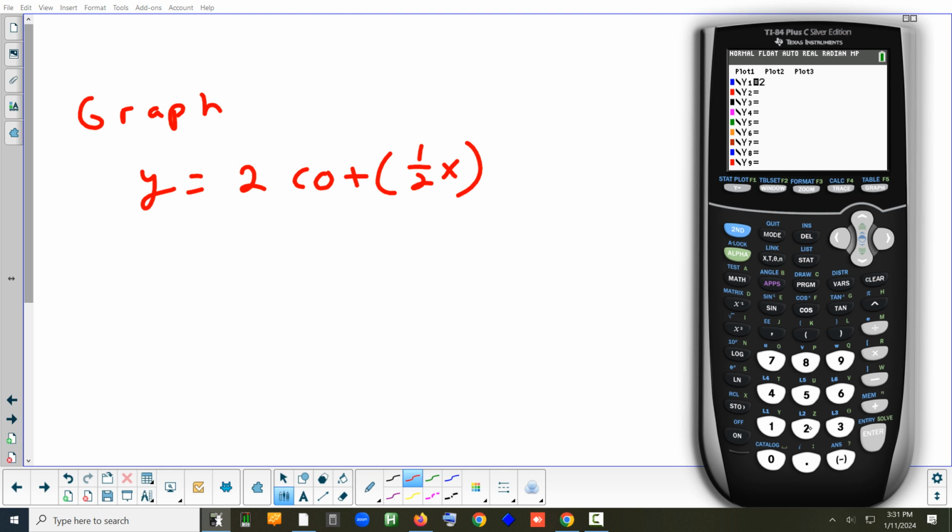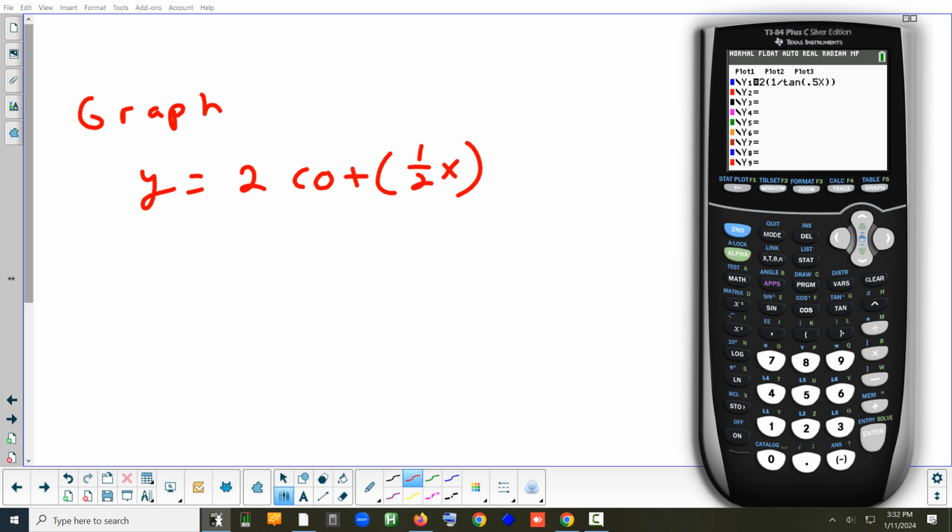There is no button for cotangent, so we have to type it in with a button we do have. Could you do 2 times 1 divided by tangent? Yep, 1 divided by tangent, and then what do I want inside the argument? 1/2 x. Yeah, just so I can avoid an extra set of parentheses, I'm just going to do 0.5x. That's how you type in 2 cotangent 1/2 x.